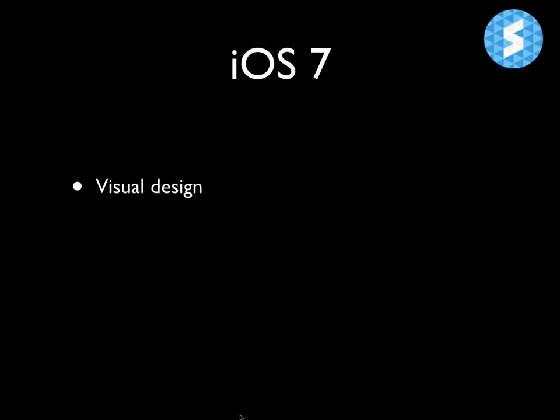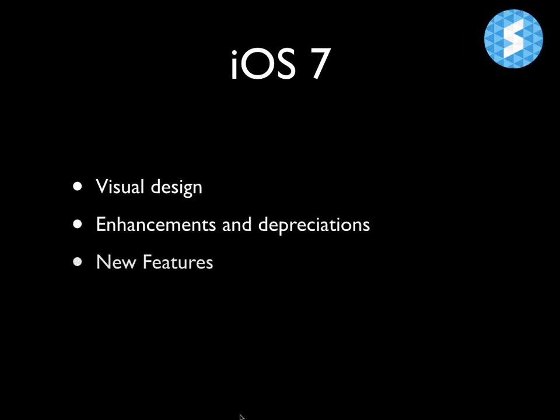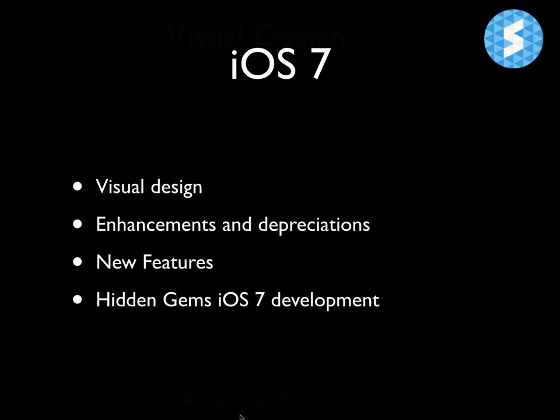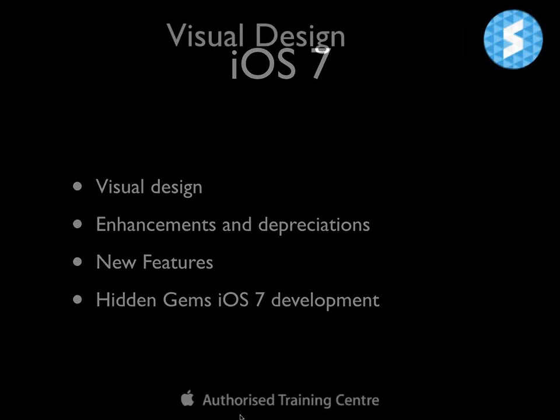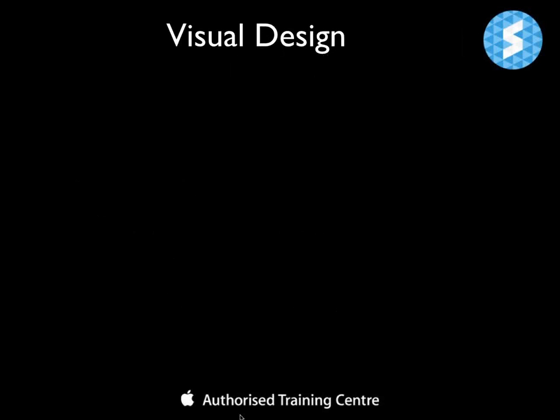Now the topics that we're going to discuss in this webinar are visual design with respect to iOS 7, enhancements and deprecations, new features, and finally the hidden gems in iOS 7 development. As we all know, iOS 7 was a major release and they completely revamped the UI.